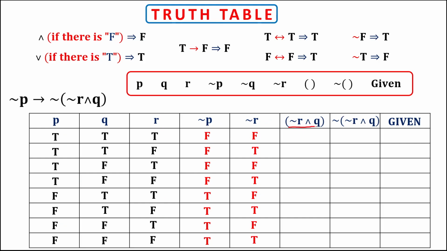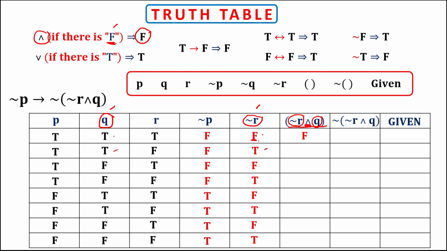Then for this column, to find the values, take note that we have not R, then Q, and the connector is conjunction. So again, for conjunction, if there is false, the truth value is false. So we just need to look for F. So we have these two columns. True, false, so there is an F, so the truth value is false.